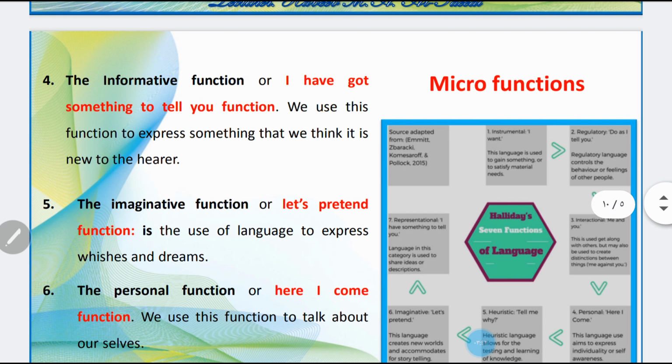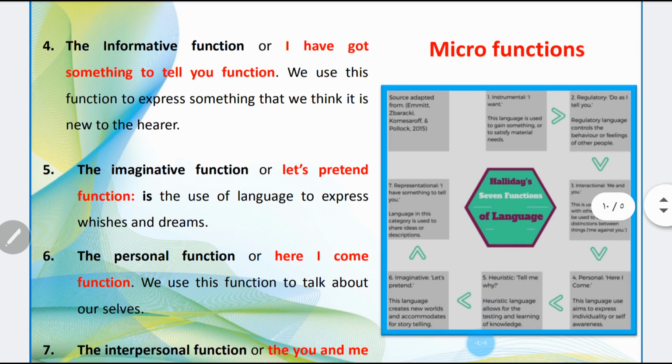The informative function, or the "I have got something to tell you" function, we use this function to give more information about something that we think is new for the hearer. That means we have information that the others don't have, so we try to give them this information. So it is the informative function.